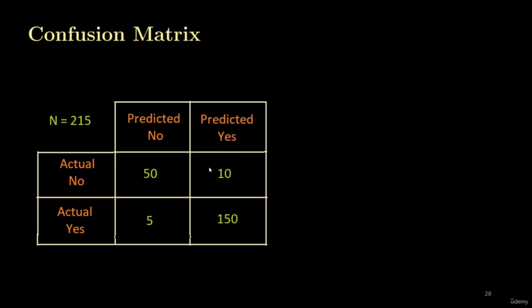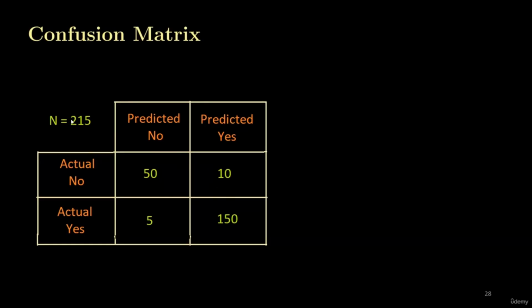So these 10 samples are wrongly classified. Similarly, these 5 samples are also wrongly classified. That is, actually they belong to the positive class, that is yes, and the model is saying that they belong to the negative class. So the model is not predicting these 10 and 5 correctly.